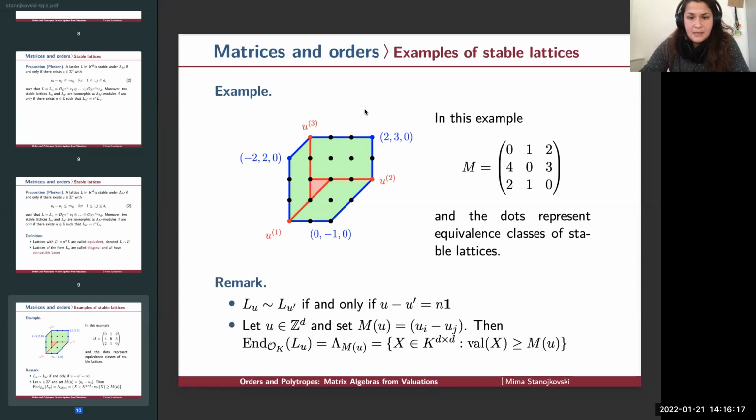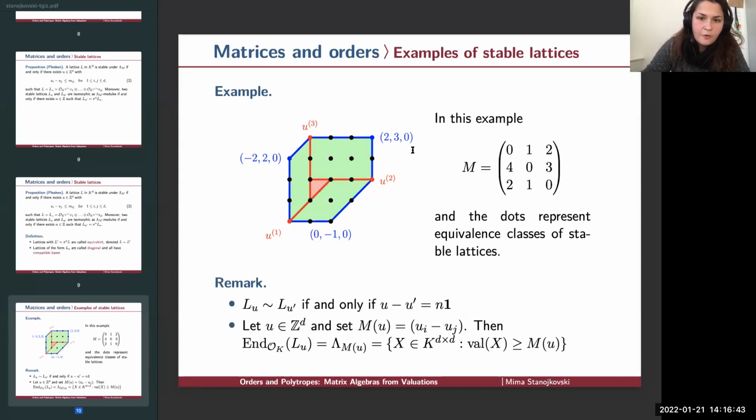I mean that I can take L defined as, for example, let's look at this entry here, P to the 2 E1, the first basis vector, P to the 3 E2, and then P to the 0, so just E3.